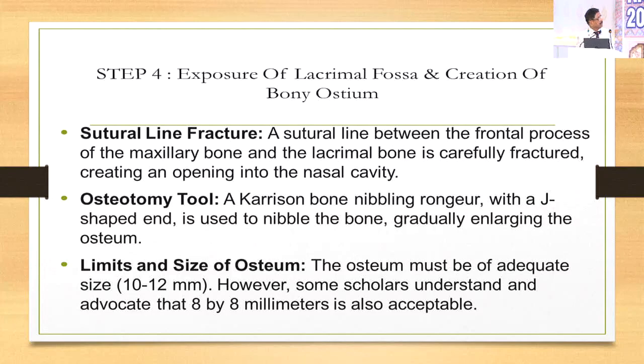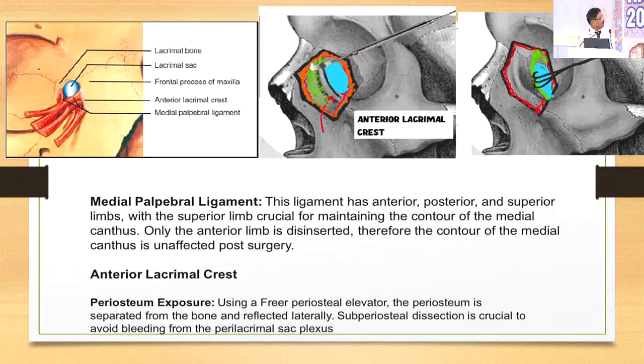So exposure of the lacrimal fossa and creation of the bony ostium. After separation of the orbicularis muscle, we look for a sutural line between the frontal process. A periosteum is exposed after giving an incision at the margin of the lacrimal crest, and this periosteum is elevated with the help of periosteum elevators.